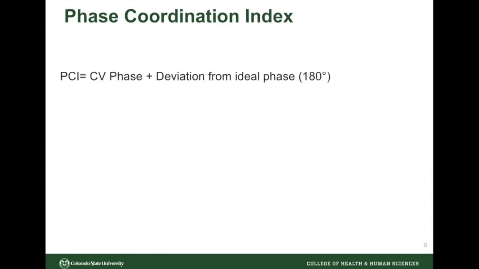The phase coordination index, otherwise known as PCI, can be calculated by summating the coefficient of variation of phase and the deviation from the ideal phase of 180 degrees. Larger deviation from 180 degrees indicates less coordinated movements. The higher the CV of phase, and the larger the deviation from the ideal phase of 180 degrees, the higher the PCI value, which signifies poorer coordination of the lower limbs.